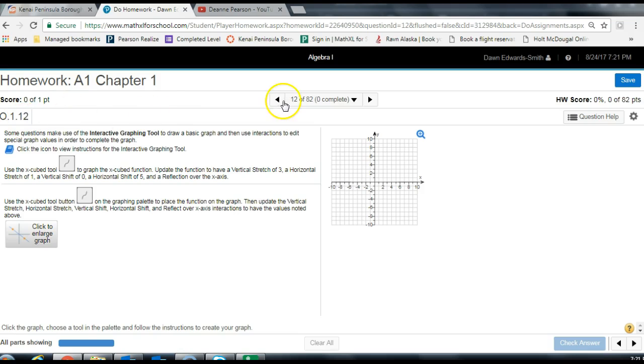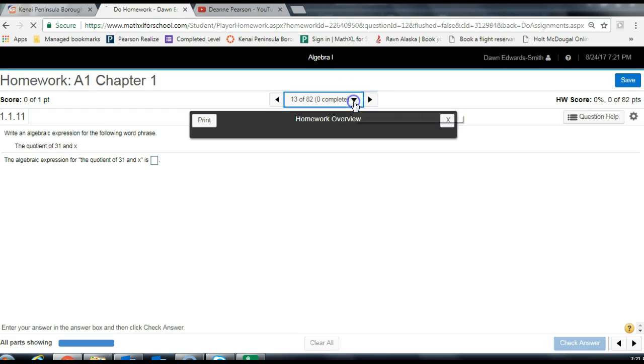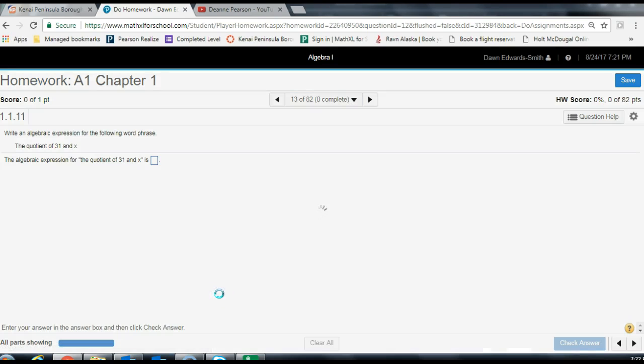1.12. If I go to the next problem, 13, it'll say 1.1. So the problems that deal with 1.1 will all start with 1.1. And so your problems that deal with 1.1 go from 13 down to 17.